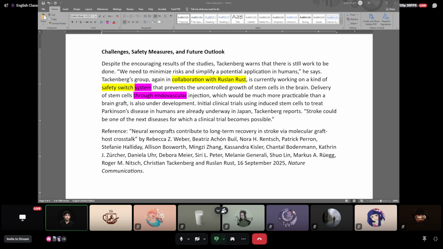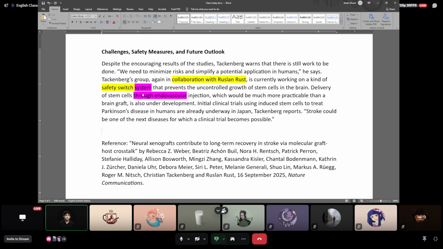Initial clinical trials using induced stem cells to treat Parkinson's disease in humans are already underway in Japan, Heckenberg reports. A stroke could be one of the next diseases for which clinical trials become possible.